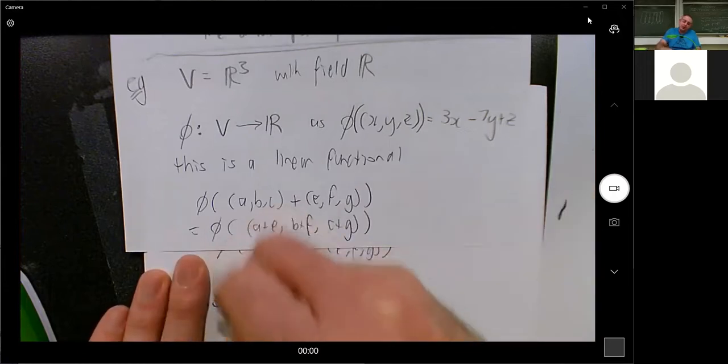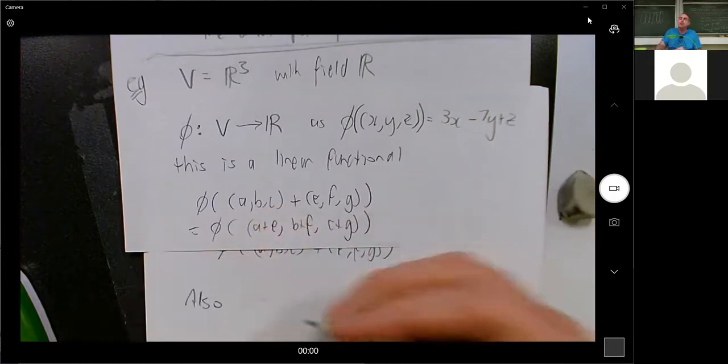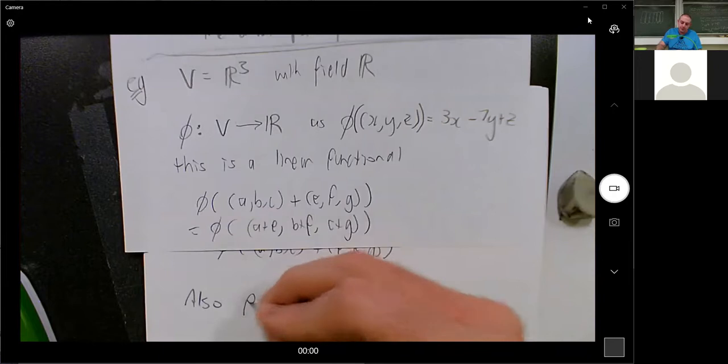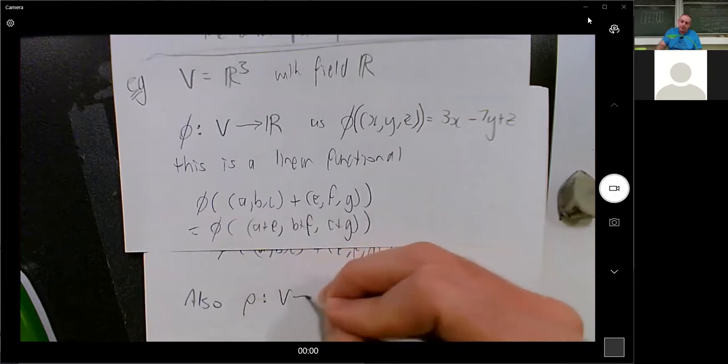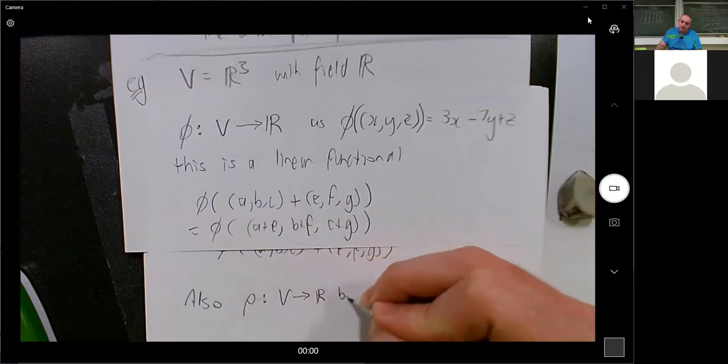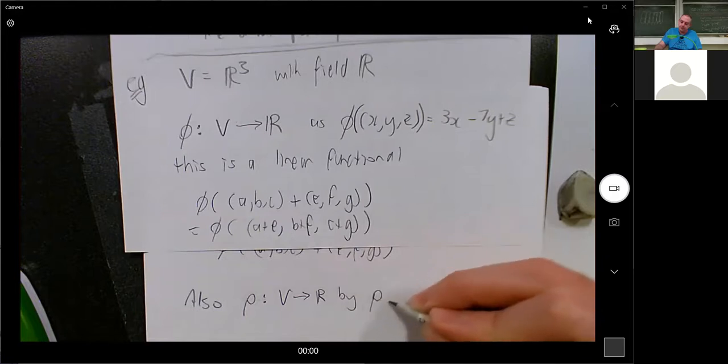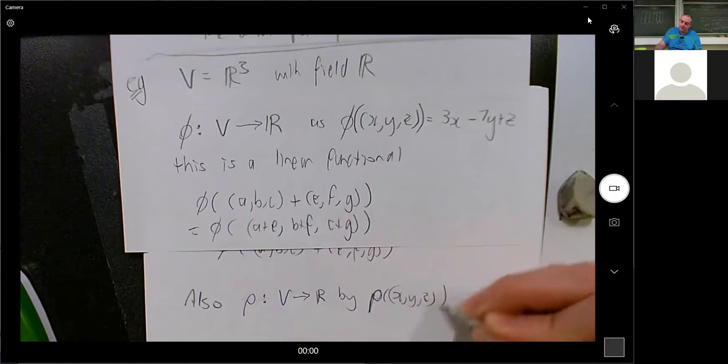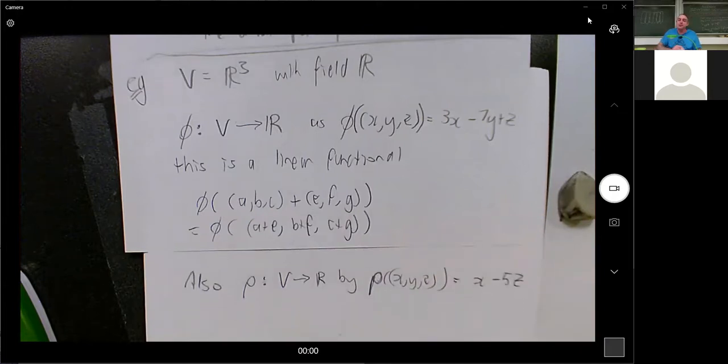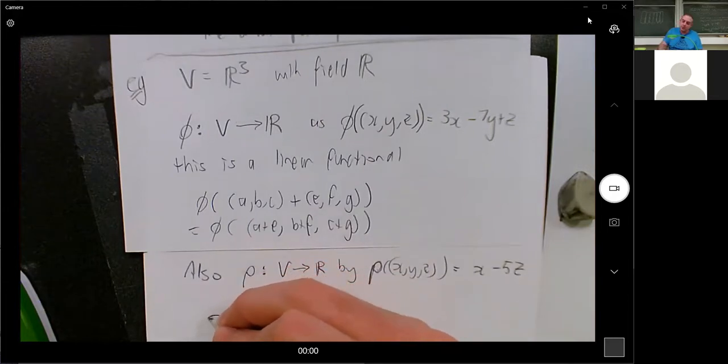So I'm just going to do another one, rho. Something like that. And so then I could say that a new function, I shall call it sigma as you suggested.